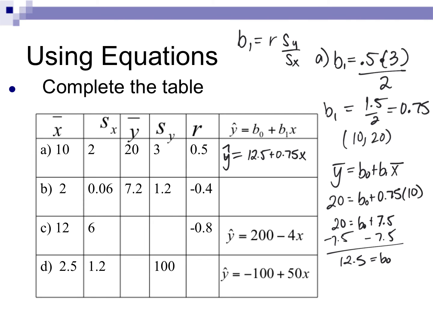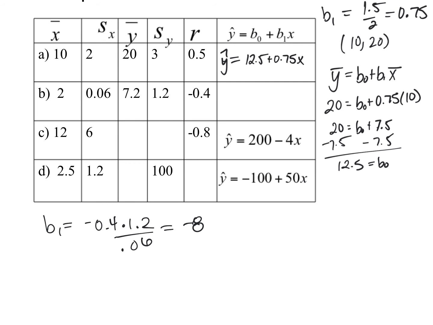Okay, so take a second and do the next one. So we get that for our slope. Our mean of y is 7.2 equals b naught minus 8 times 2. Right? The mean of x, the mean of y go in as our x and our y.